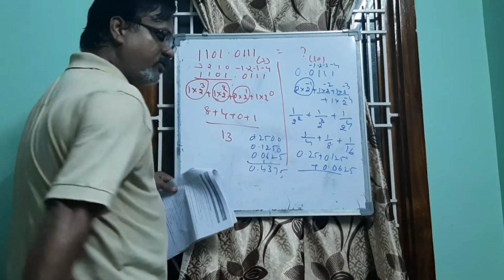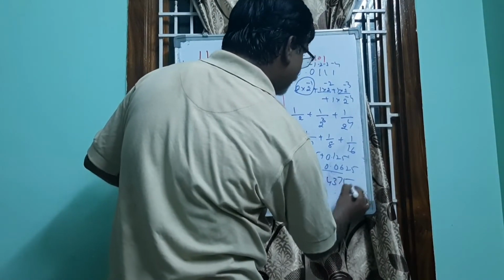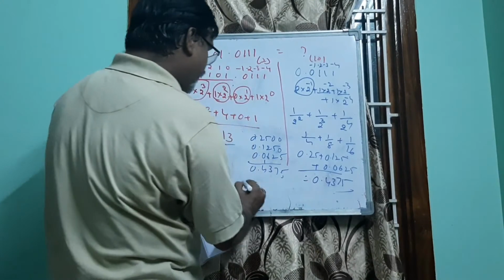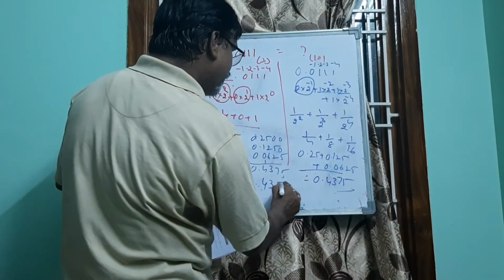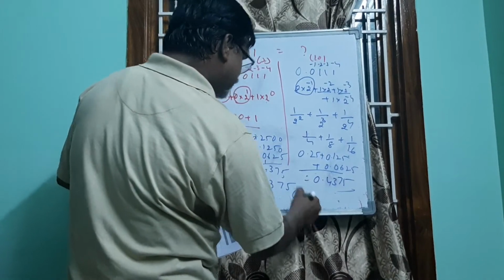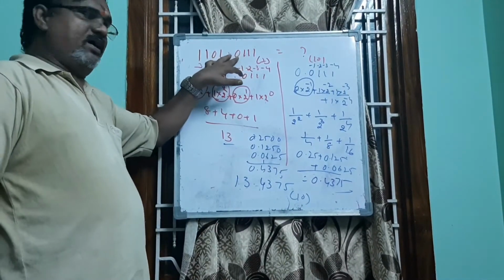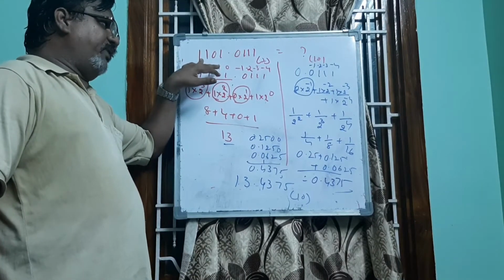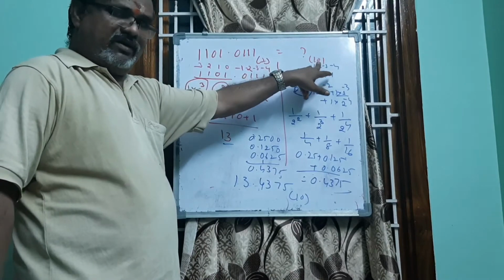So 0.4375. You have to combine these two to get the result as 13.4375 base 10. So this is converting a binary number that contains an integer part as well as a fractional part to the equivalent decimal value.